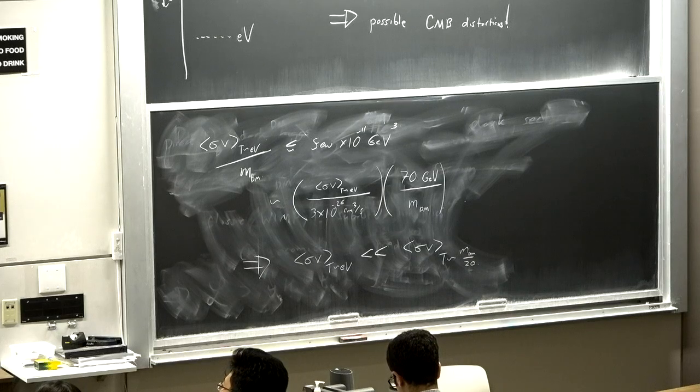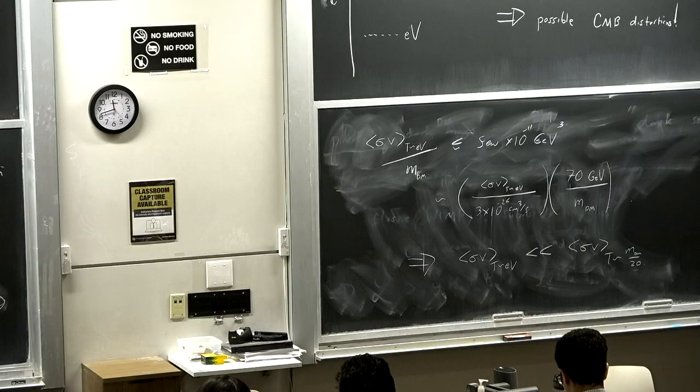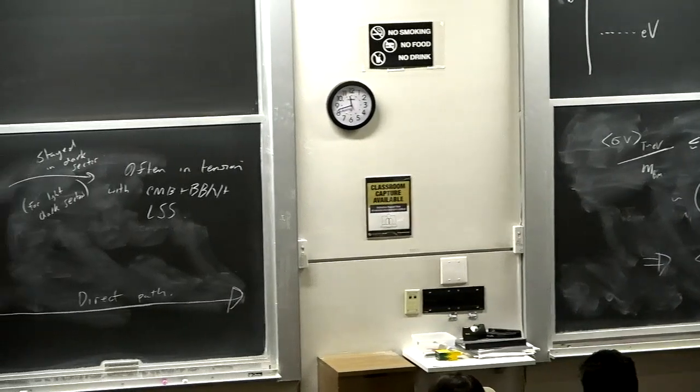And then you end up in a situation where you end up with too much dark matter at late times. This actually provides a hint that if you're going to think about light thermal relics, you should be thinking about dark sectors proper, where you have dark matter with its own interactions, et cetera.